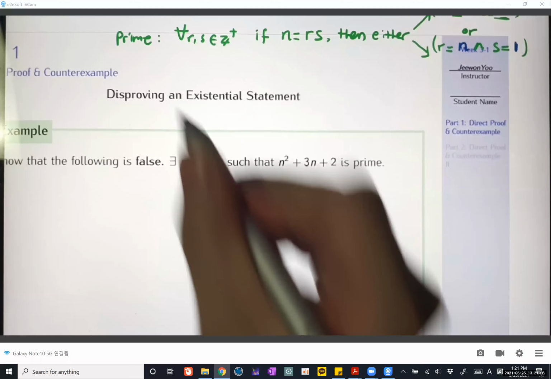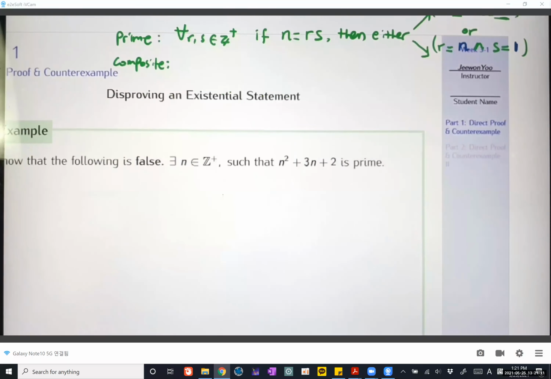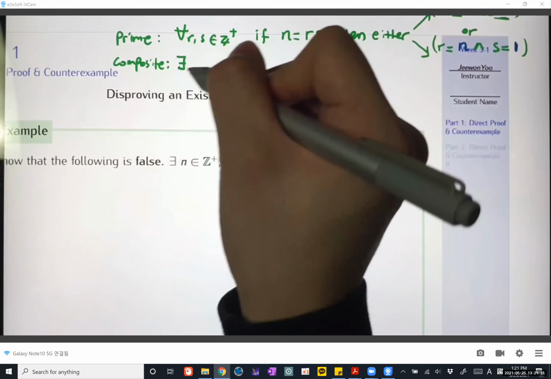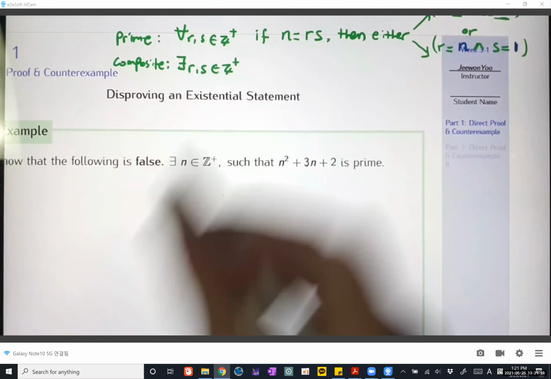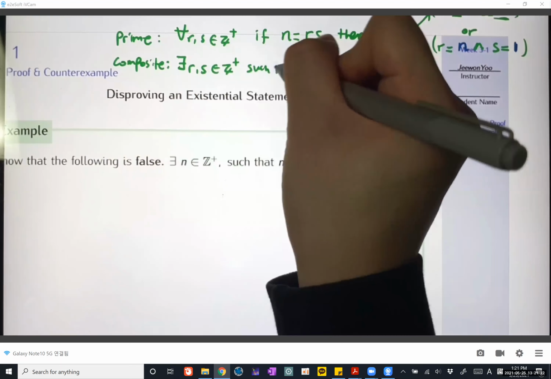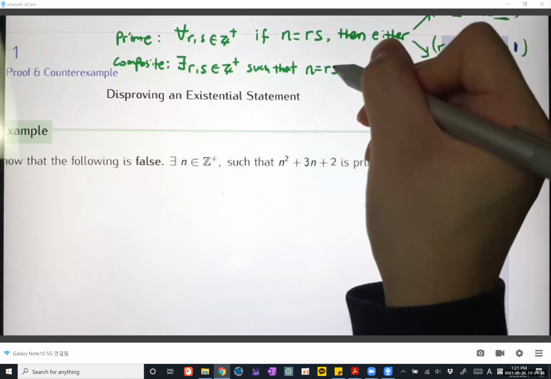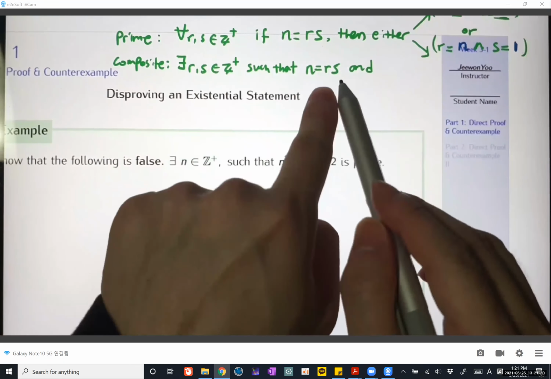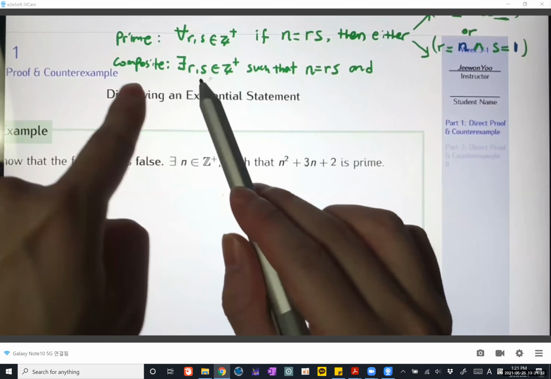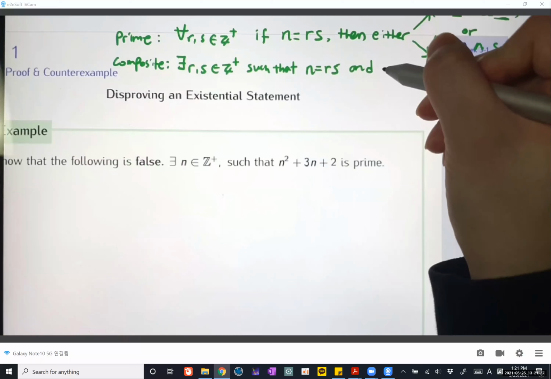How about composite? When we say a number is composite, then there exists a pair of numbers r, s in Z plus such that if you can write n equal to rs, and the pair of numbers r and s must be in between 1 and n itself.